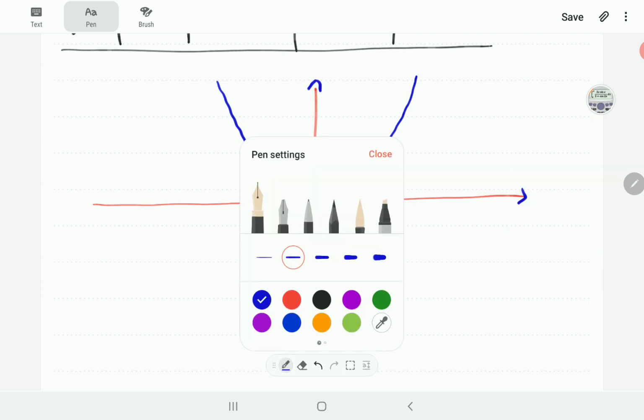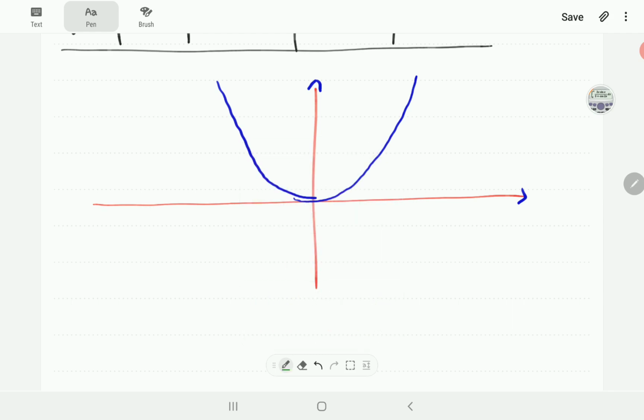This is showing us that as x goes to positive infinity, y goes to positive infinity. So when x is here, y is here, x is there, y is now there. As x is growing this way, y is growing that way. So this is y equals x squared.